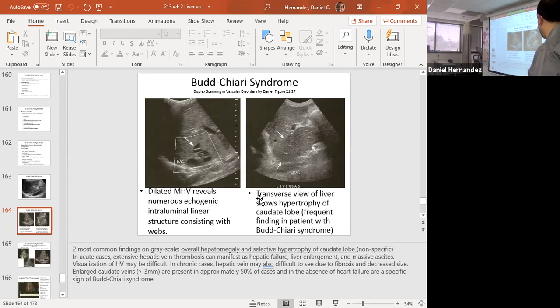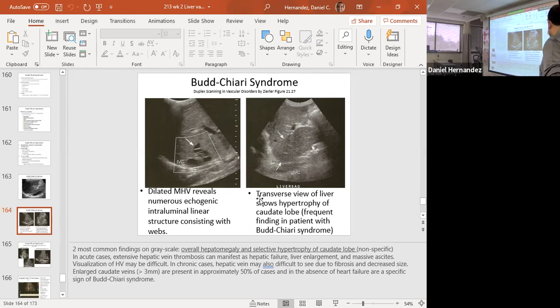Visualization of hepatic veins may be difficult in chronic cases, which is true. When the liver becomes very cirrhotic, the penetration of our ultrasound beam to the liver starts becoming limited, and we lose a lot of visualization of our vasculature details. So anyone who's scanned a nice cirrhotic liver, being able to visualize these intrahepatic vessels becomes quite difficult.